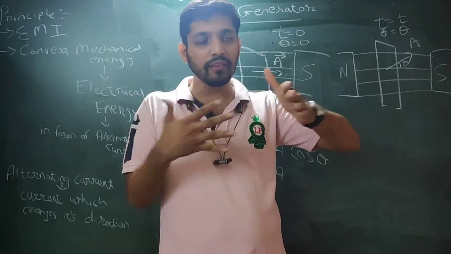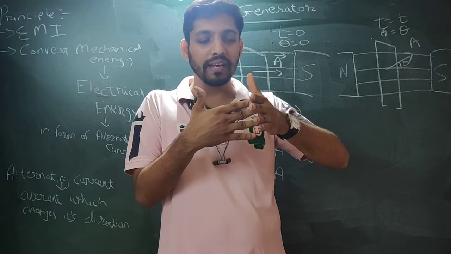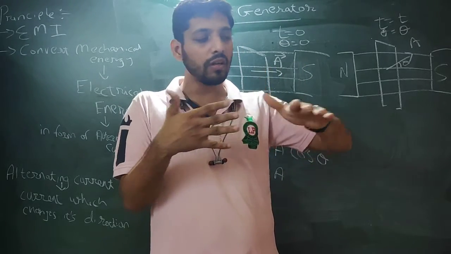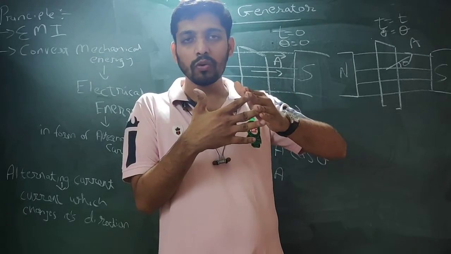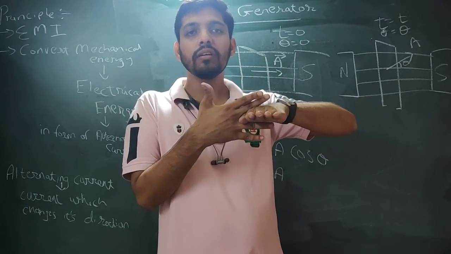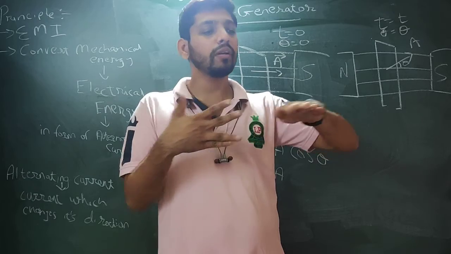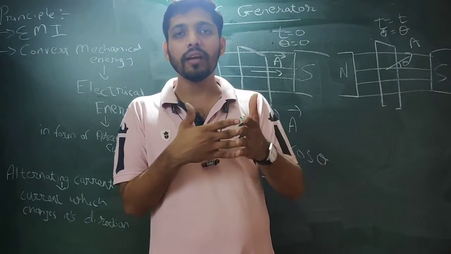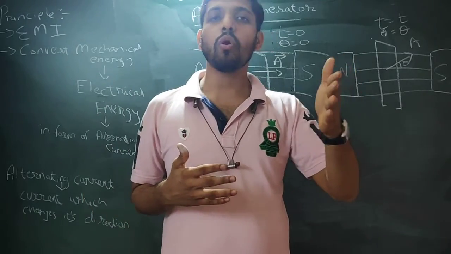Initially all four magnetic field lines are going through it. As I rotate it, only two are going, and at 90 degrees no field lines will be going through the coil. So after giving some angle, the flux linked with the coil will change.